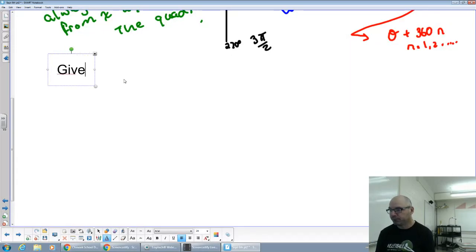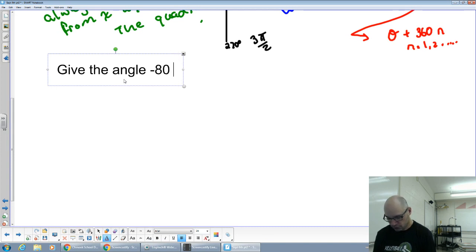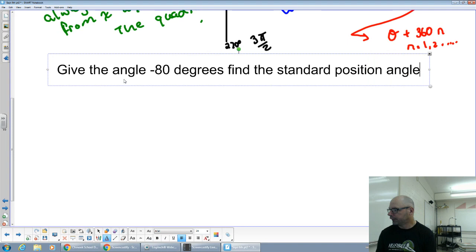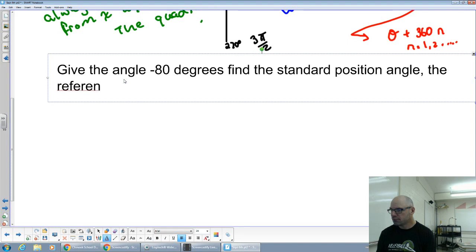Given the angle, let's say negative 80 degrees, find the standard position angle, reference angle, and a coterminal angle.